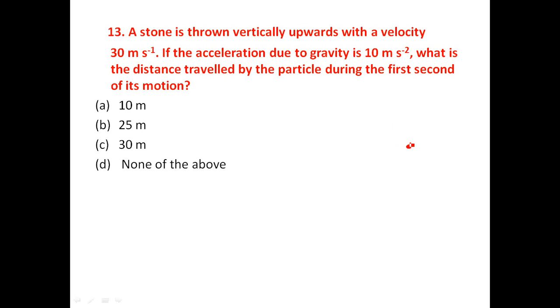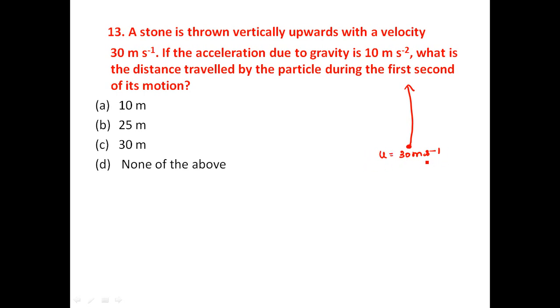This time a person is going to throw the stone upwards. What about its initial velocity? It is given to be 30 meter per second, which is our initial velocity.